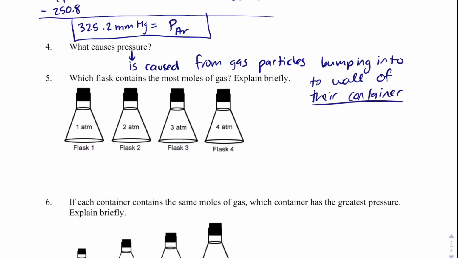What does not cause pressure is particles bumping into each other. They will bump into each other, but that does not cause any pressure on your container. So if we have something like this, this is pressure. But if we have something like this, where two gas particles hit each other, that is not going to cause pressure. So that's something that you just want to make sure you know.